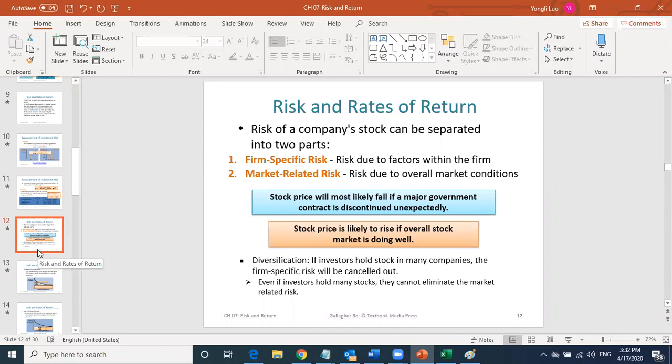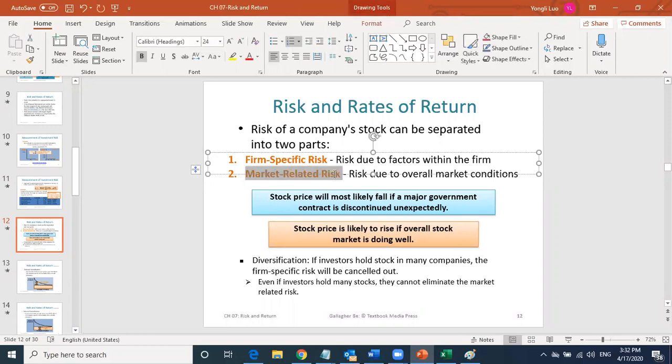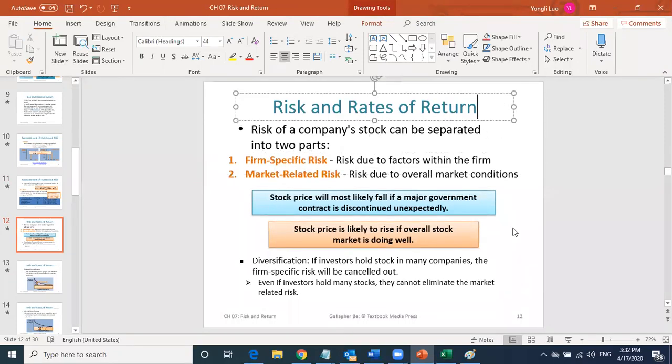So because we invest in stock, typically there are different kinds of risk. The first type of risk is called firm-specific risk. Another type of risk is market-related. The market-related risk is due to the overall market condition.